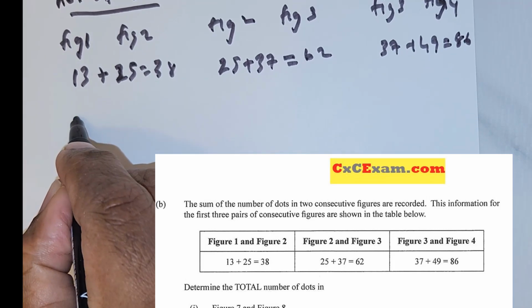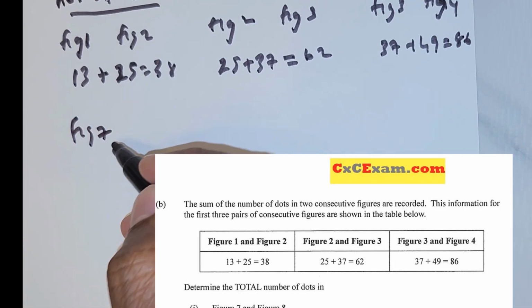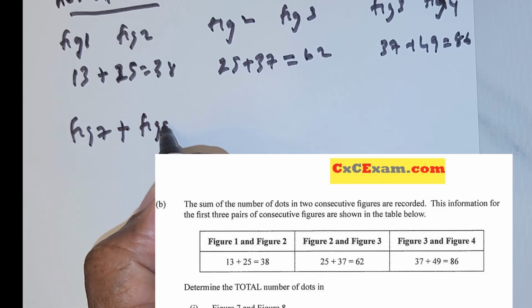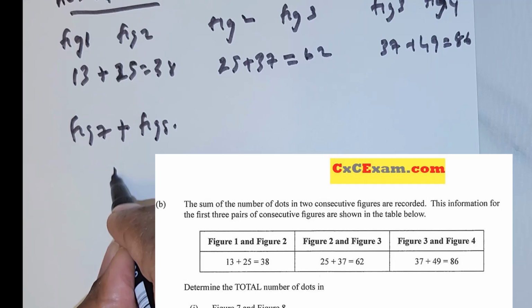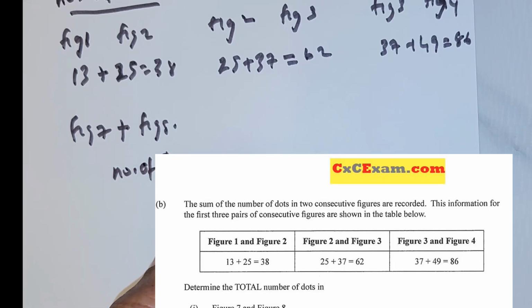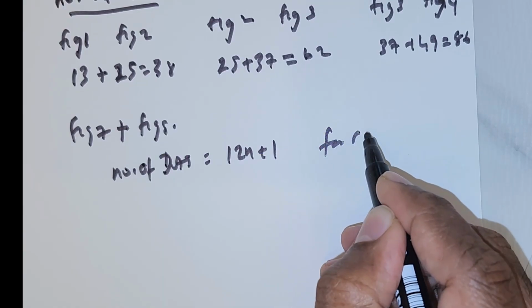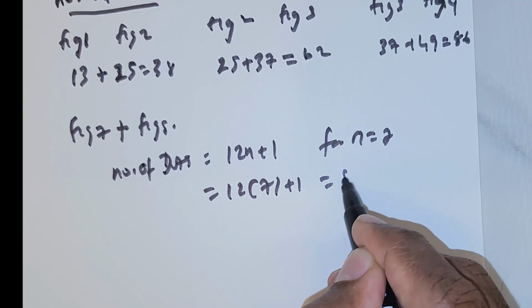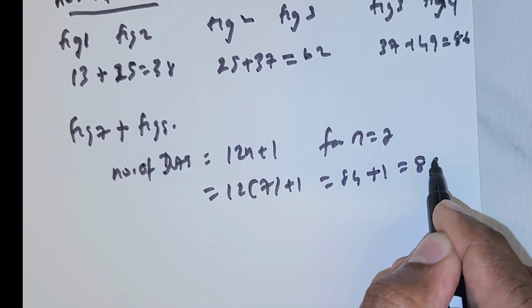Now we are asked to find the total number of dots for figure 7 and figure 8. Now we know that the number of dots is given as 12n positive 1. So for n is equal to 7, this is 12 of 7 positive 1, which is 84 positive 1, which is 85.